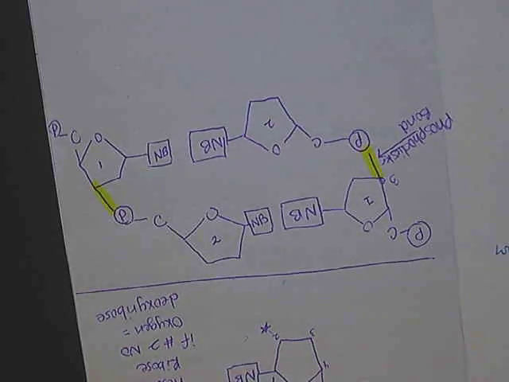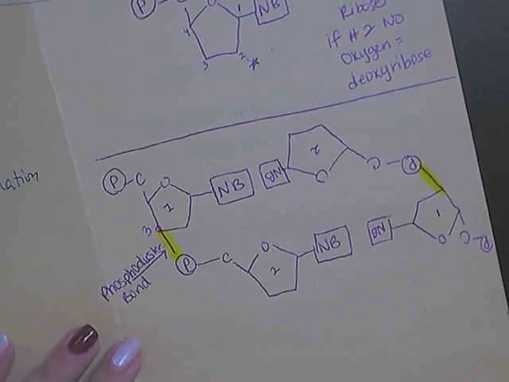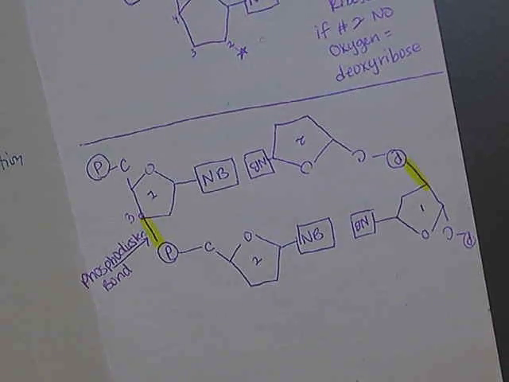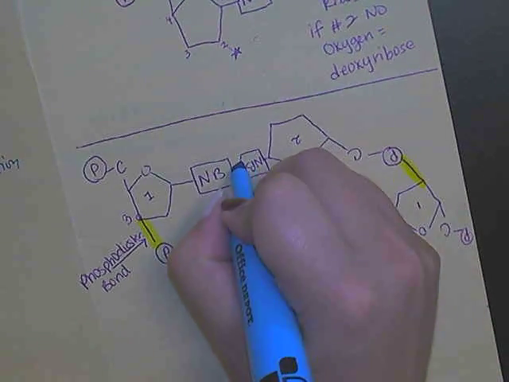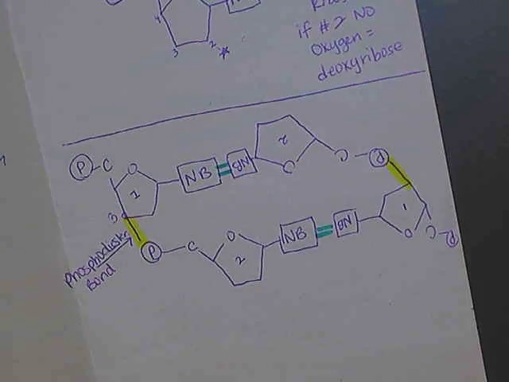Now, between the two strands of DNA, I'll flip this back over, between the two strands of DNA, we are going to find hydrogen bonds right here. And that's very tricky for students to remember sometimes, the difference between where those phosphodiester bonds and those hydrogen bonds are.